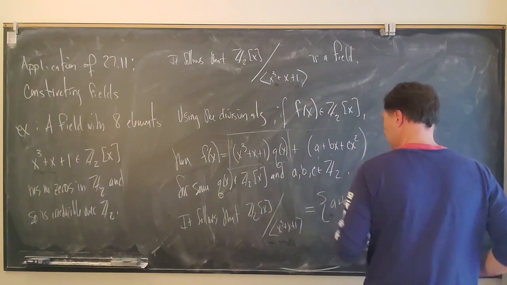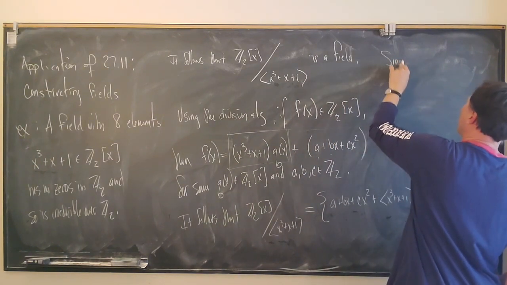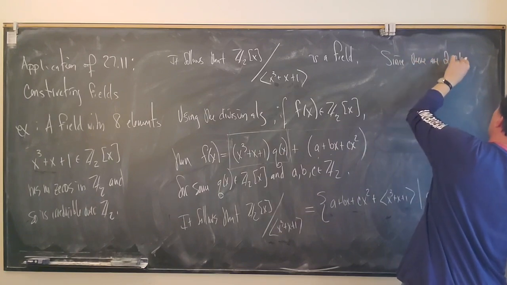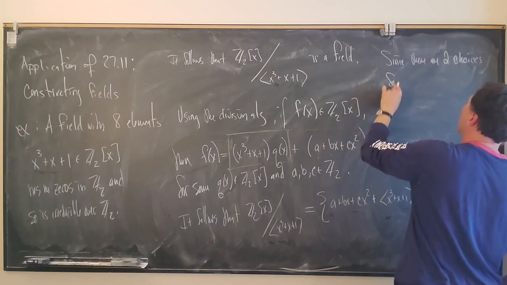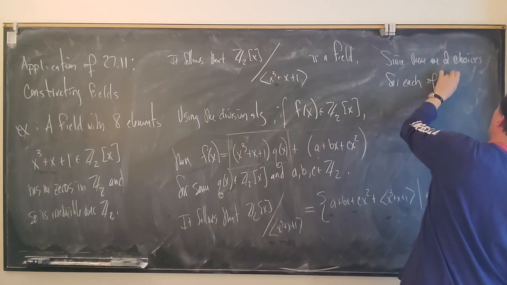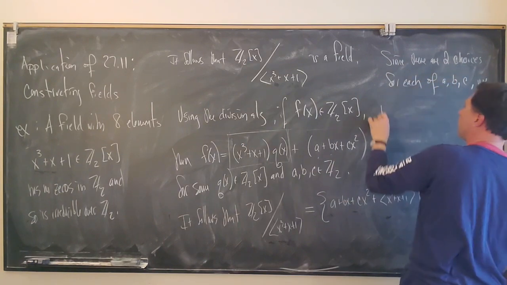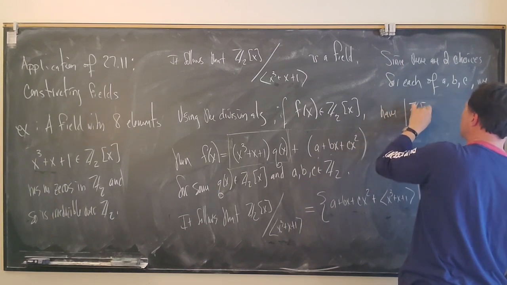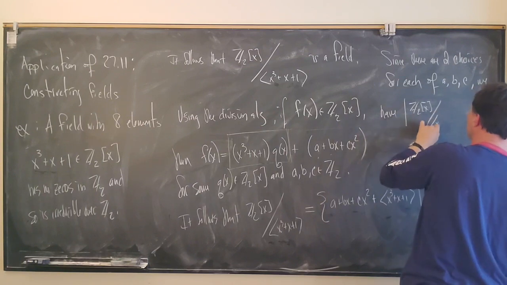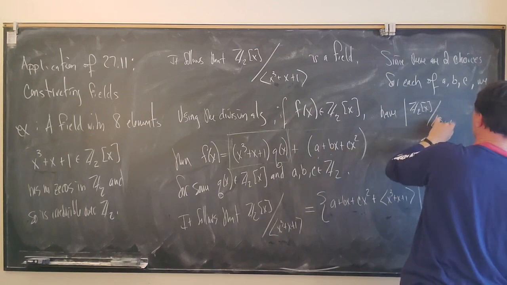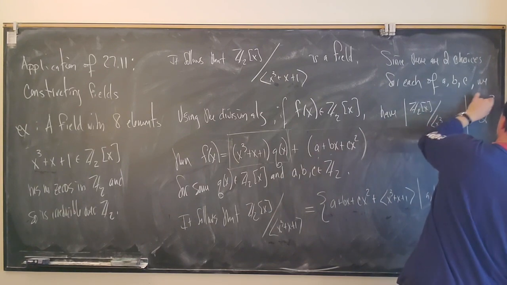So since there are 2 choices for each of a, b, and c, we have that the order of Z_2[x] mod the ideal is equal to 2 cubed.